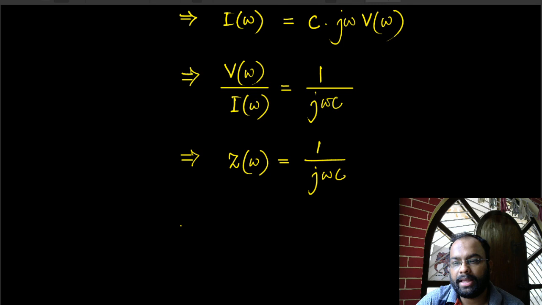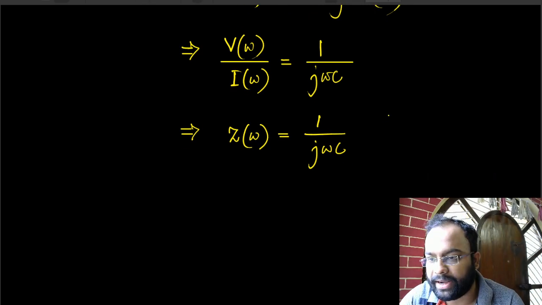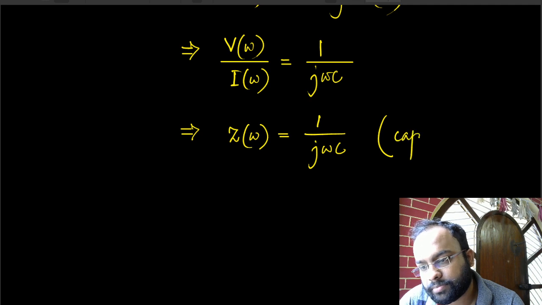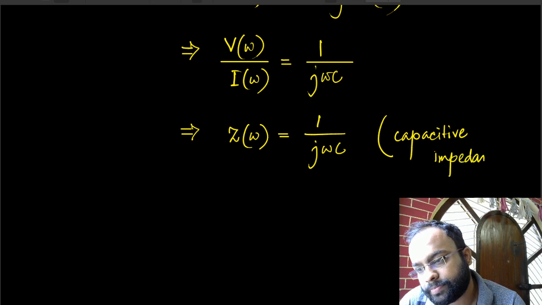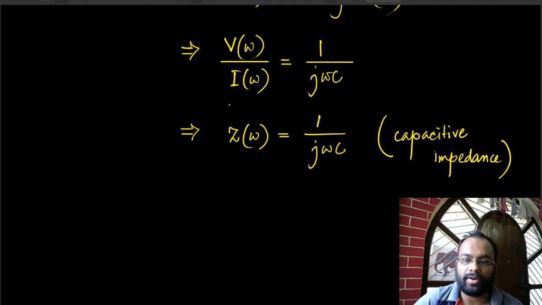So this is the capacitive impedance, not the capacitive reactance. Capacitive reactance is just the magnitude of this, so without the j.